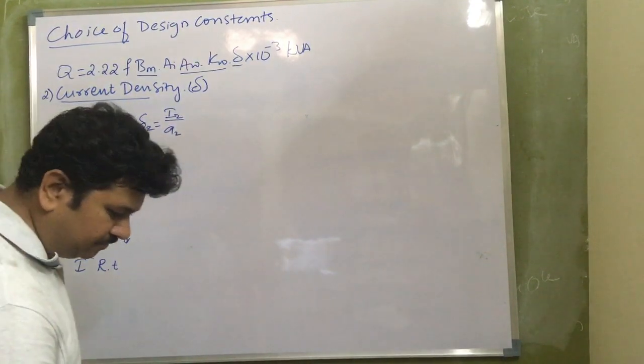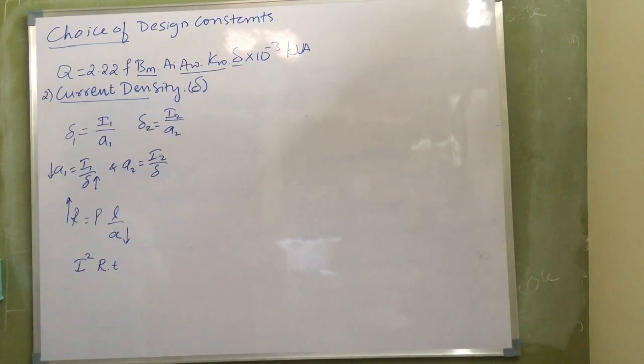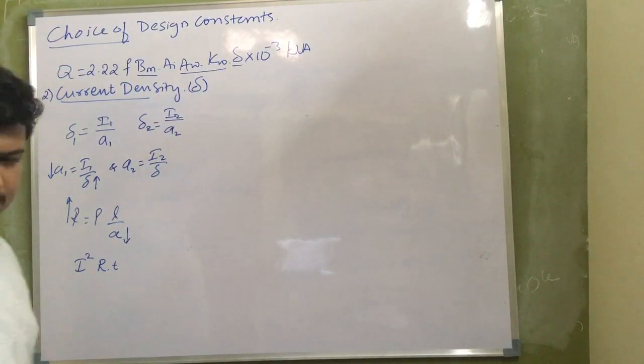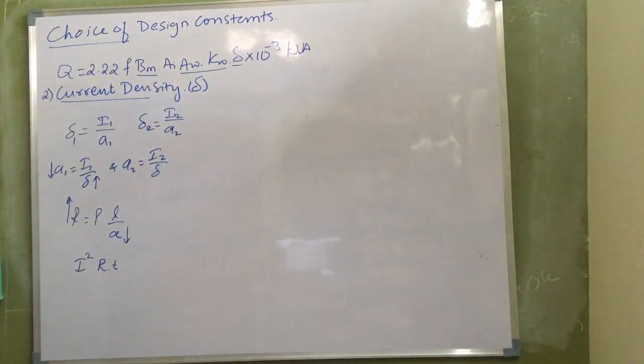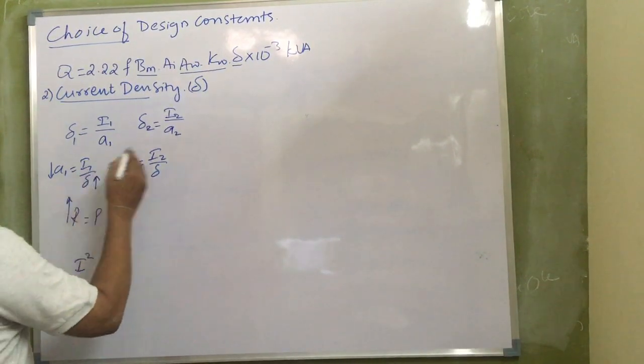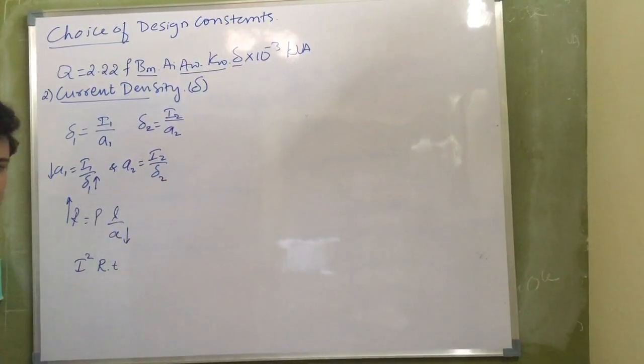So if I want to keep the copper losses lower in the transformer, then I should take the value of primary current density and secondary current density equal.